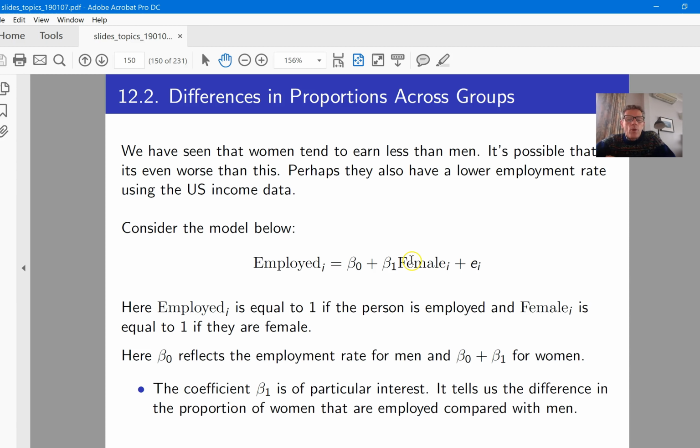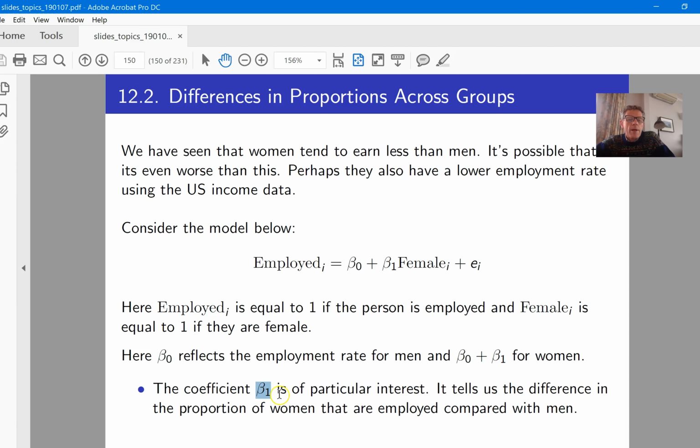If you are female, then there's going to be a 1 here. So this estimated value of beta naught plus beta 1 will be the employment rate, the probability of being employed if you're female. And if this is 0, then you're a male, and your probability of being employed is just beta naught. So this coefficient beta 1, a little bit like the difference between means, is now the difference between the proportion of women who are employed and the proportion of men who are employed.